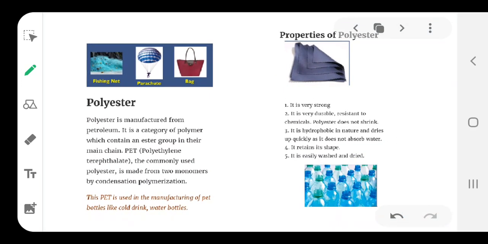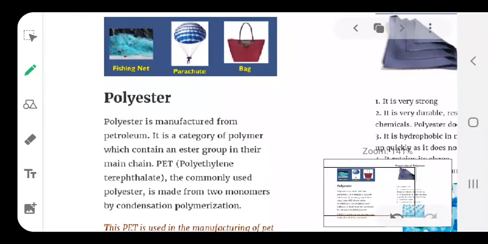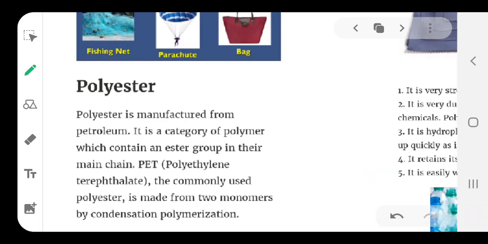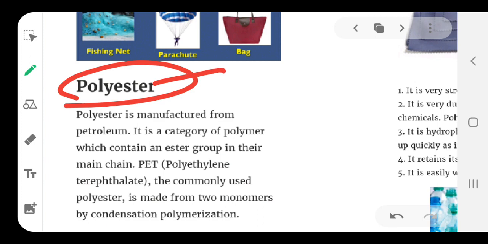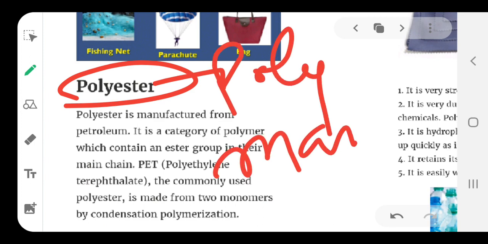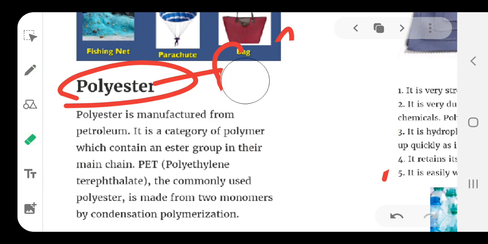Now, a new term for you called polyester. This term is of course a bit more difficult as well as new to you people, so please make sure you know what it is. Polyester is again a new word, and it is made up of 2 words. Poly means many, and ester is a group of compounds that we will study in standard 10th.